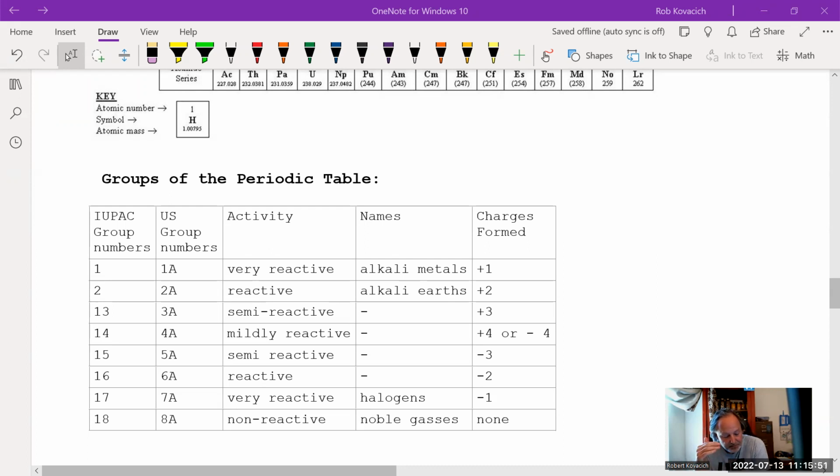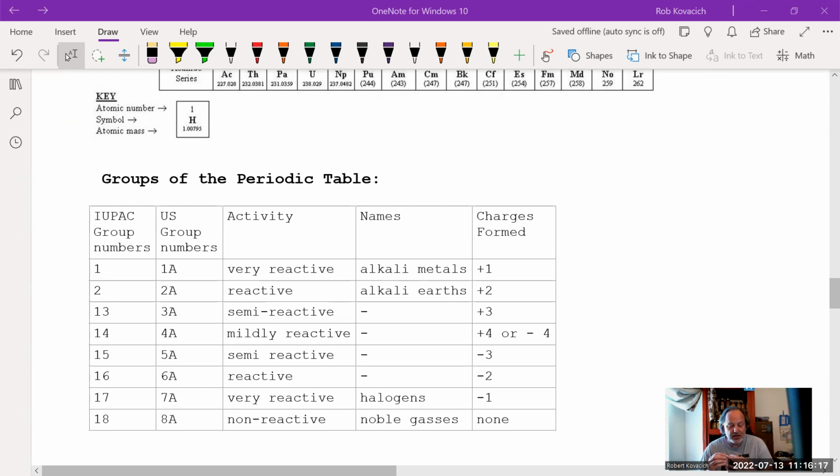The second to last column, number 7A or column number 17, the one that starts with fluorine, those are also very reactive. And that column is called the halogens. You probably heard that word halogen associated with light bulbs and whatnot. And they're very reactive for the same reason that the first column is very reactive, and that is that they're trying to do one thing.